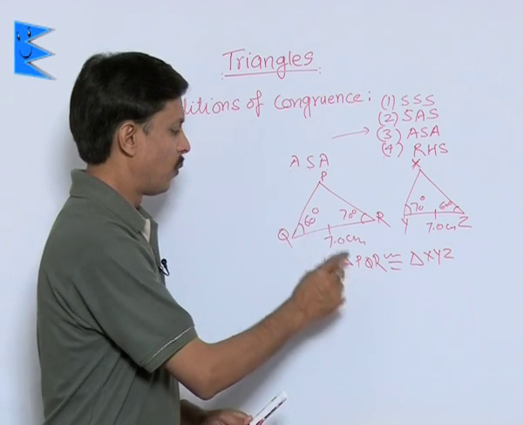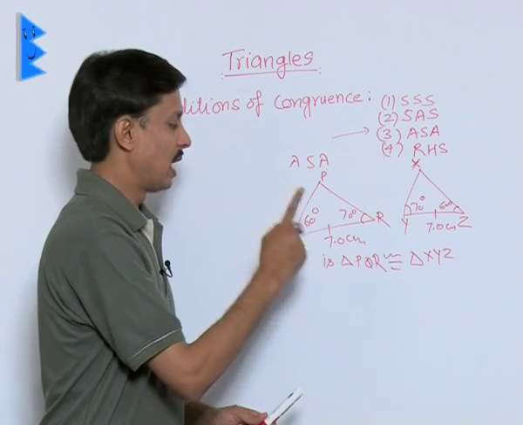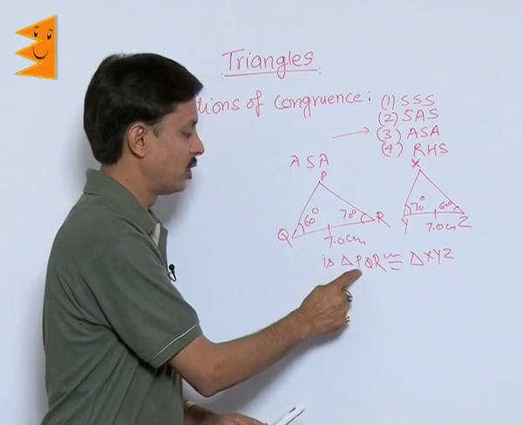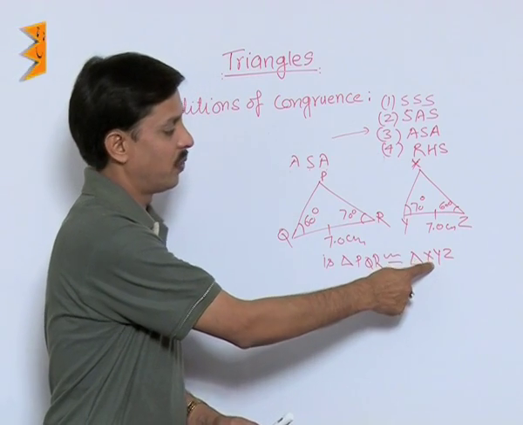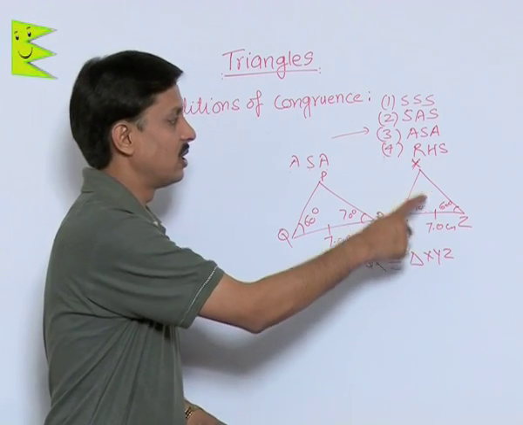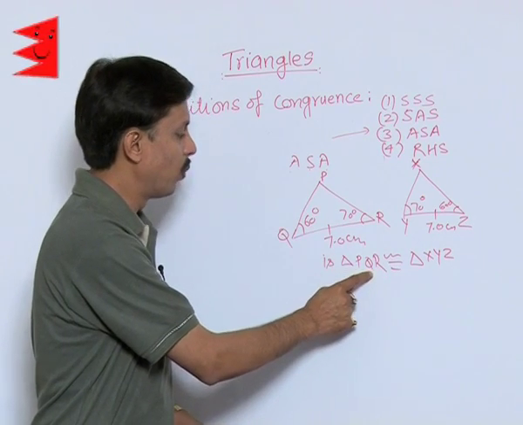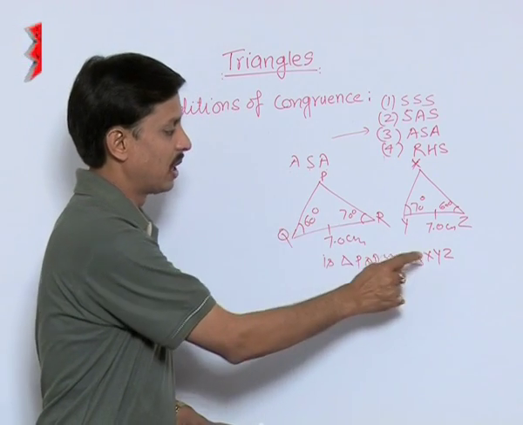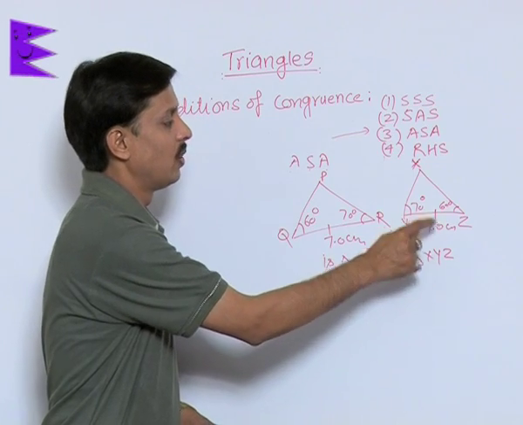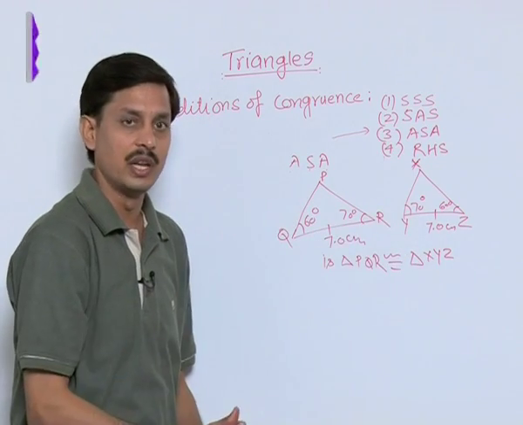So here the first point is P, and at P the angle is not mentioned. Similarly the first vertex is X, and here also the angle is not mentioned. The second vertex is Q, where the angle is 60 degrees, but here the second vertex is Y, where the angle is 70 degrees.